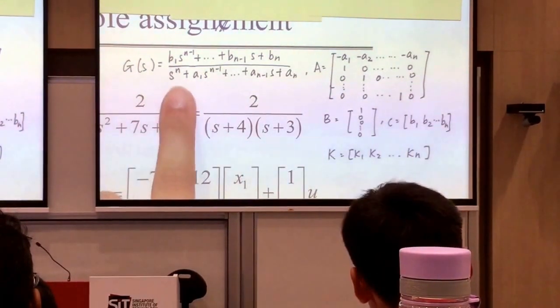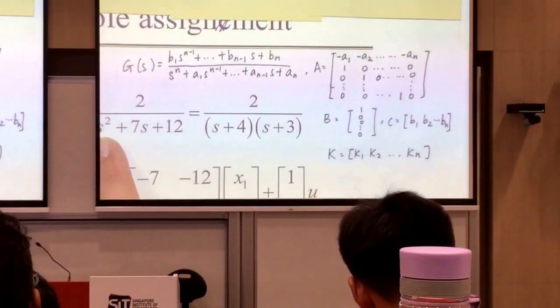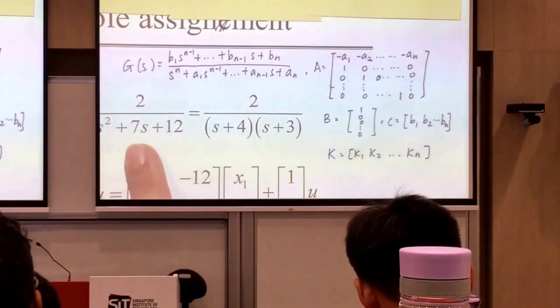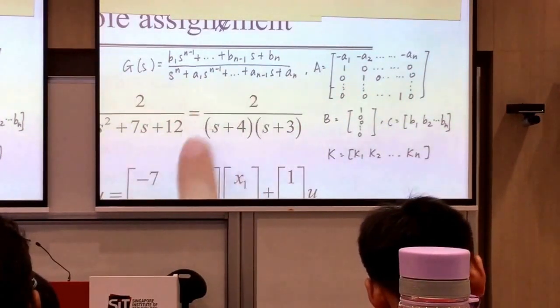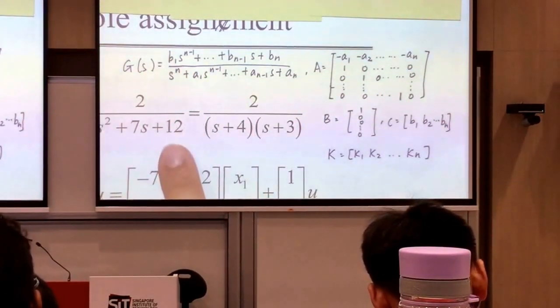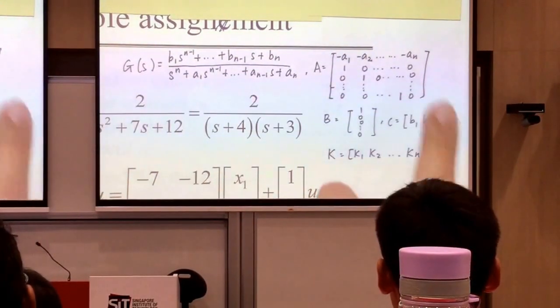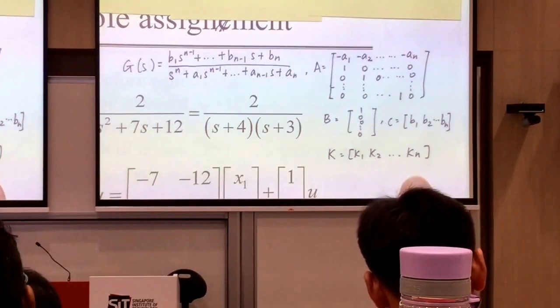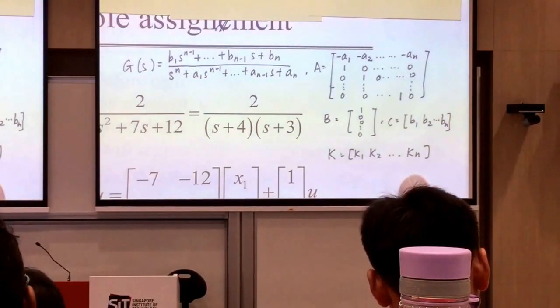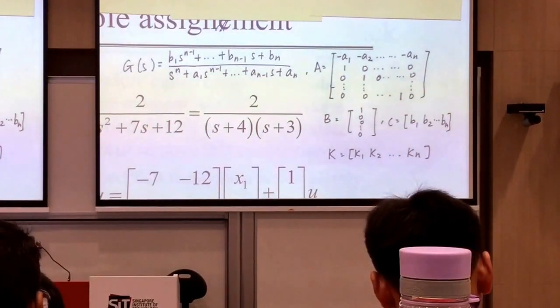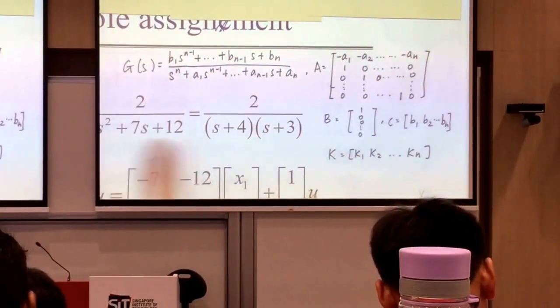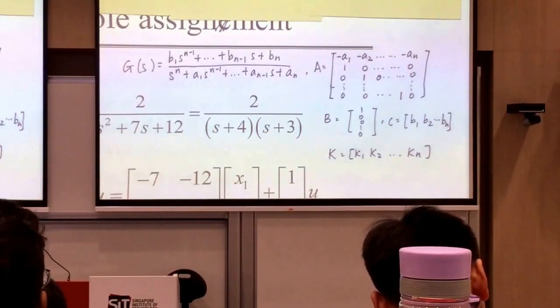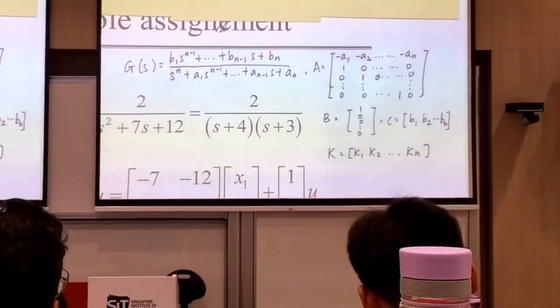S to the power of n, s squared, so n is 2. So what is A1? A1 is 7. What is A2? A2 is 12. Honestly, you don't have to copy this as well, because this is in the previous slides. For those at the back, I'm just writing this so you have it for this transfer function. You put this in the state matrix.